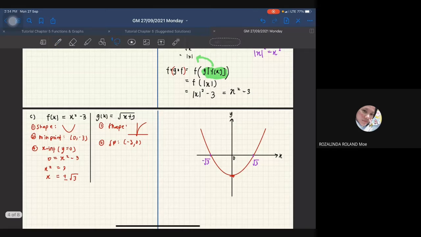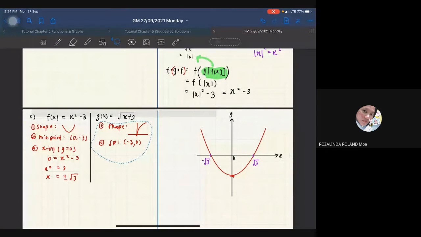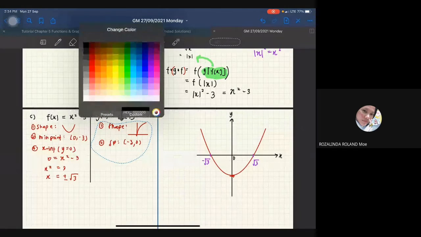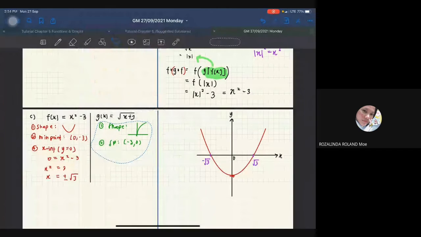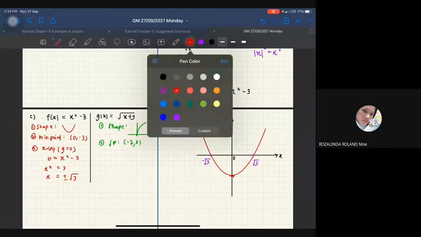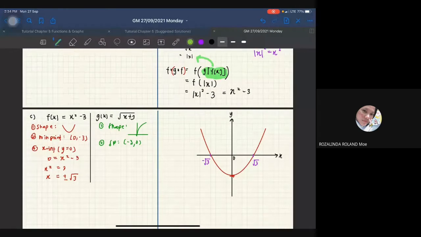Okay, so saya bezakan dua graf ni dengan warna lain. Color green. Okay, so this one pun kita buat warna green juga. So dia akan start dengan negative 3 and then dia pergi ke atas. Okay, so negative 3 dia duduk dekat belakang sini ke dekat depan sini? Is it smaller or greater than negative 3?